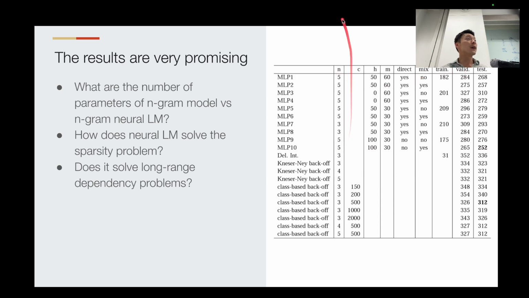From these experiments, you can see that for the most part, if you do it right, if you add enough hidden layers and you train it enough, you get perplexity that's much lower than the best n-gram model that we have seen. This is quite promising because now you use embeddings and you hope that it will work, and it did.